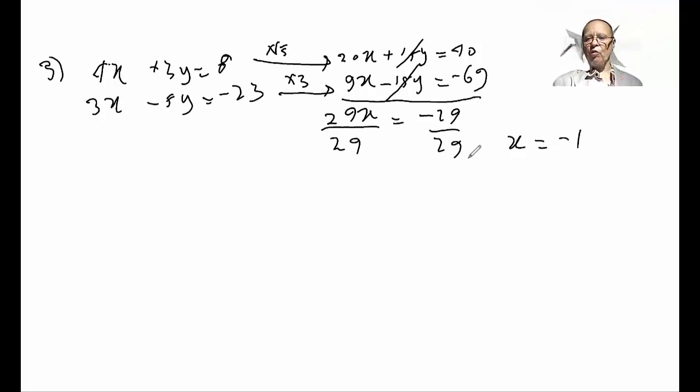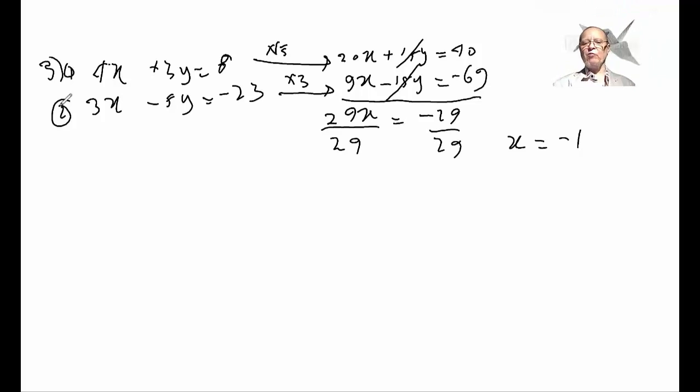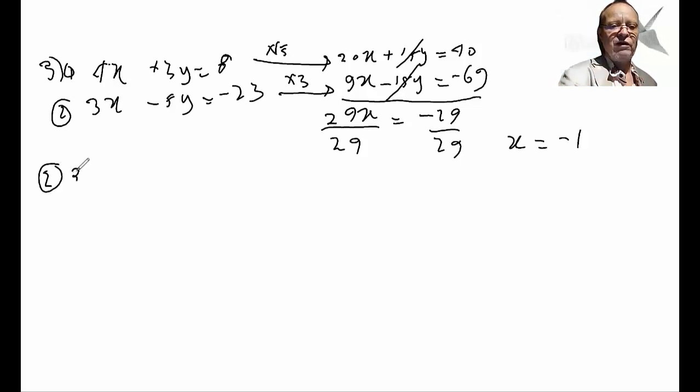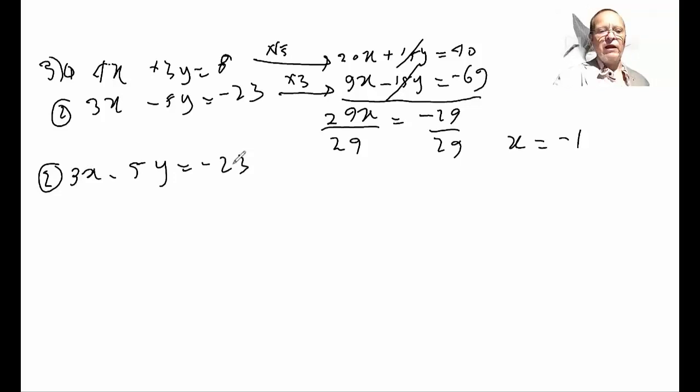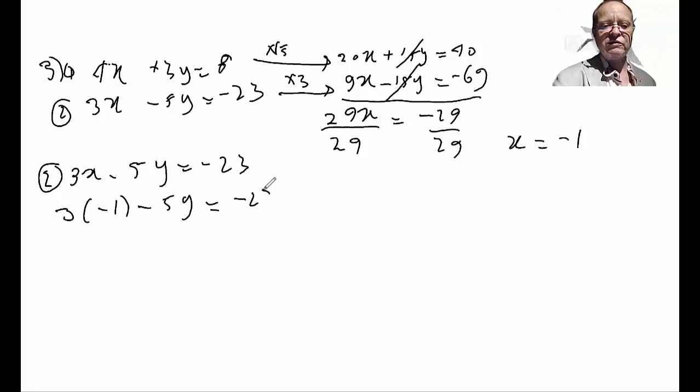So I found one of the coordinates. Now, as before, I'll choose one of these equations. I'll label them 1 and 2. And I'll choose one of these equations to plug my newly found x in and use it to find my y. So I'll just use, in this case, 2. So I have 3x minus 5y is equal to negative 23. Well, x is equal to negative 1, so it's 3 times negative 1 minus 5y is equal to negative 23.